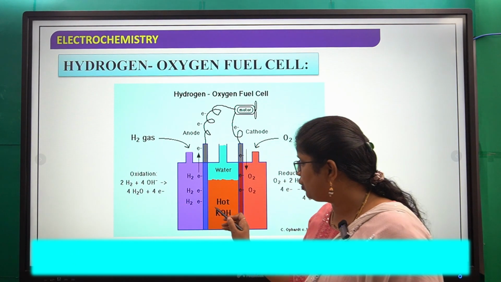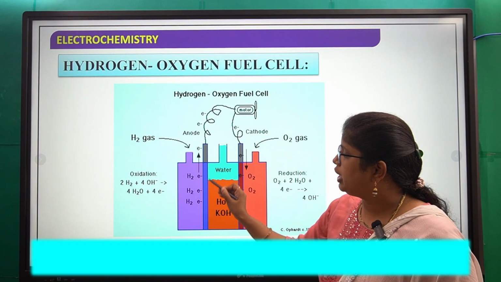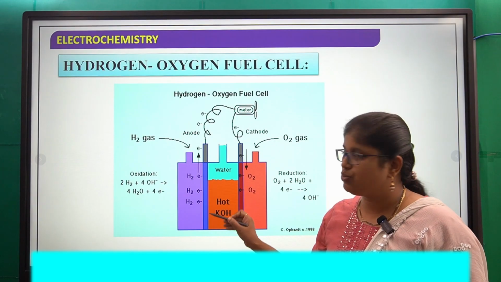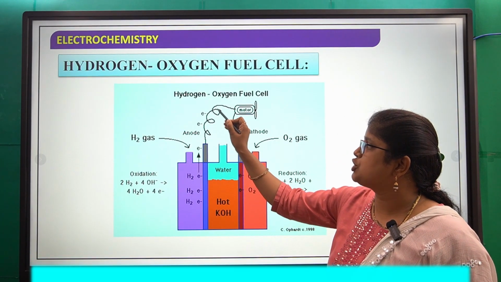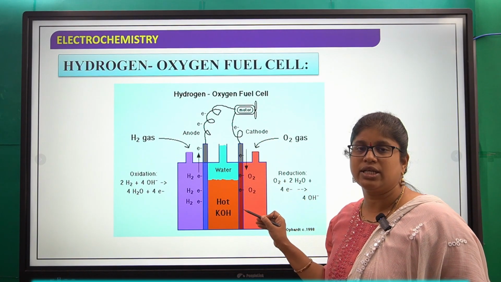Now these 4 electrons move towards the cathode. At the anode, OH minus combines with hydrogen and releases electrons. These electrons pass through the external connection and move towards the cathode.